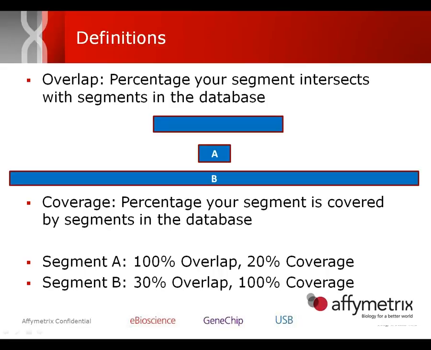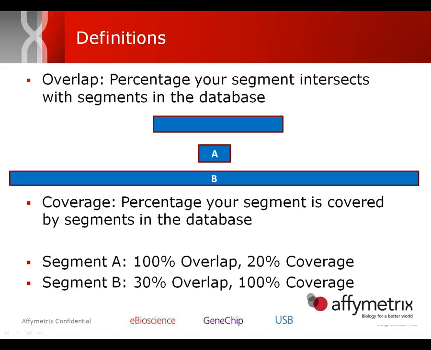So for instance, in our database, if we have segment A and segment B, we're going to look at the overlap of my segment with segment A. My segment overlaps 100% of segment A, so my value would be 100% for overlap. But in terms of coverage, segment A covers my sample by about 20%, so my value is going to be 20% coverage.